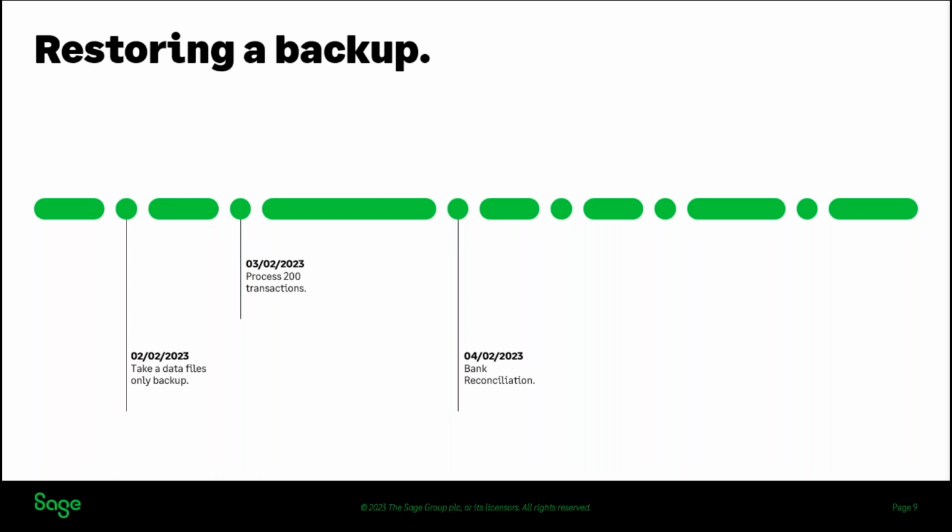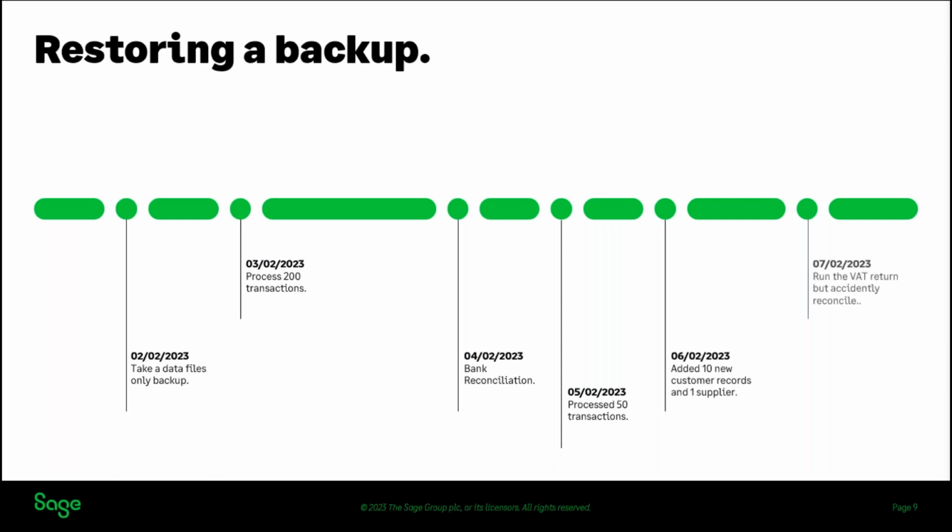On the 4th, you do a bank reconciliation. On the 5th, you process another 50 transactions. And then on the 6th, you add 10 new customers and 1 supplier. And then on the 7th, you run that VAT return, but accidentally reconcile when you weren't supposed to.